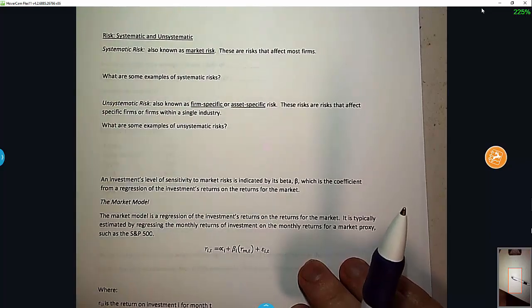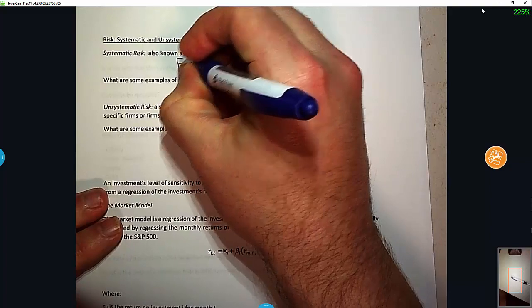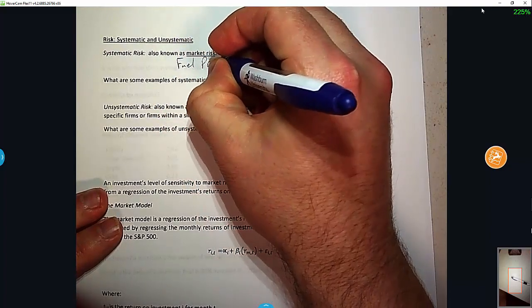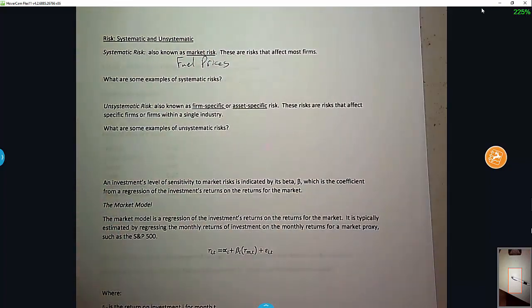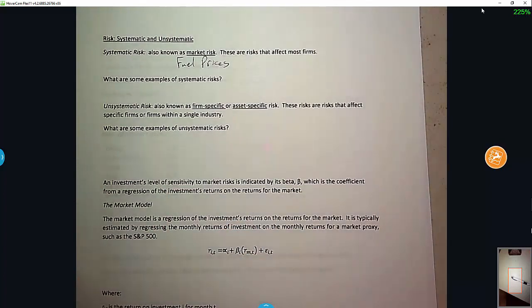And so what risks affect most firms? Fuel prices. The risk of fuel prices increasing. Increasing fuel prices generally reduces profits for firms because for most firms, they're either paying for shipping, getting things shipped, they're moving something, or their customers are paying gas prices. So if you think of Walmart, it moves all these great big trucks around.